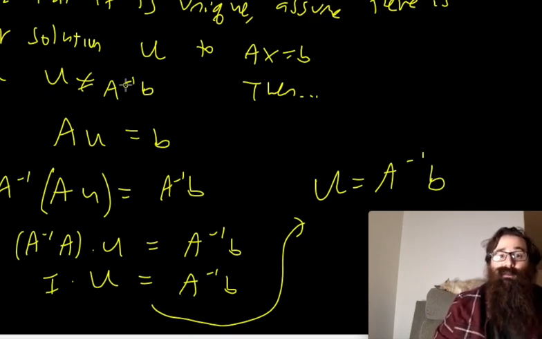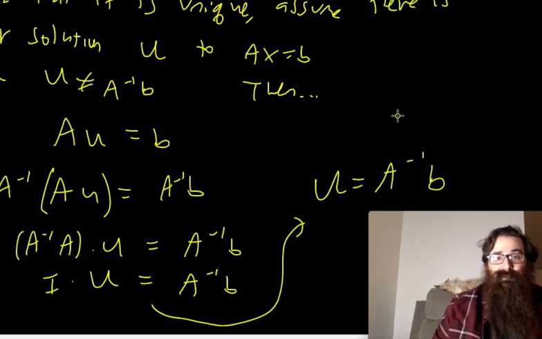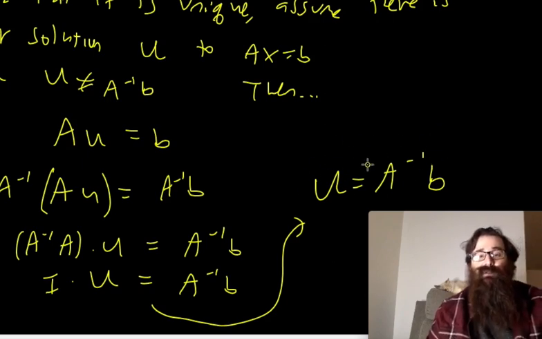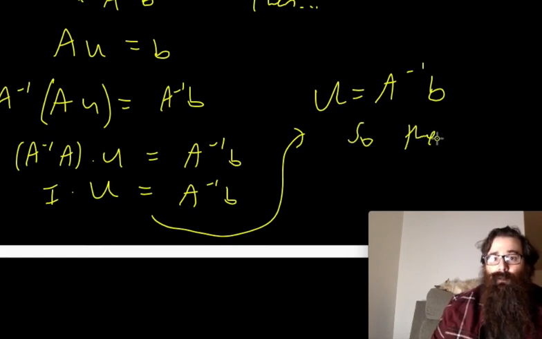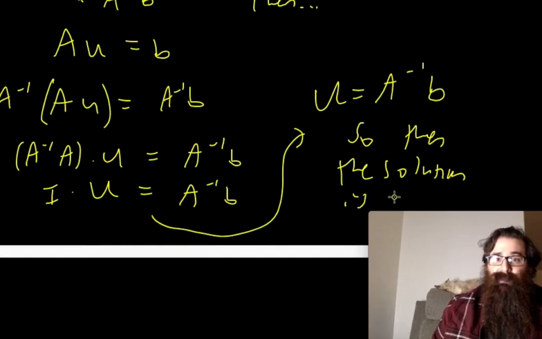We said u is another solution, and it's not A inverse B. But we went ahead with it, and we showed that it is this A inverse B. It's the same thing, so it's not a different solution. So then we can conclude here that the solution is unique.